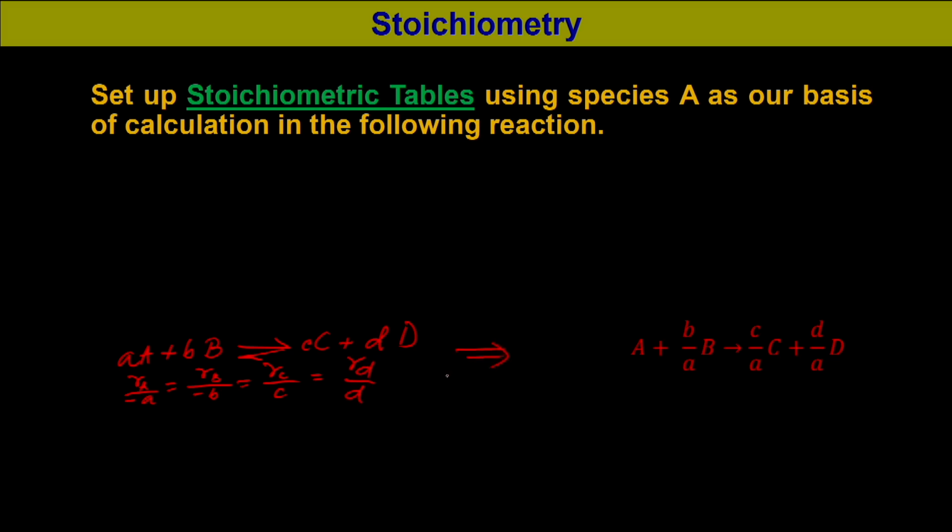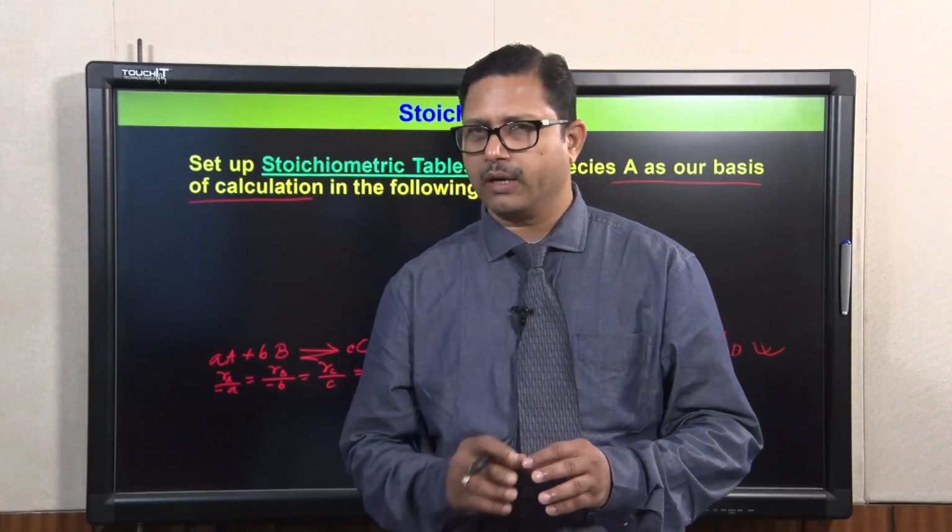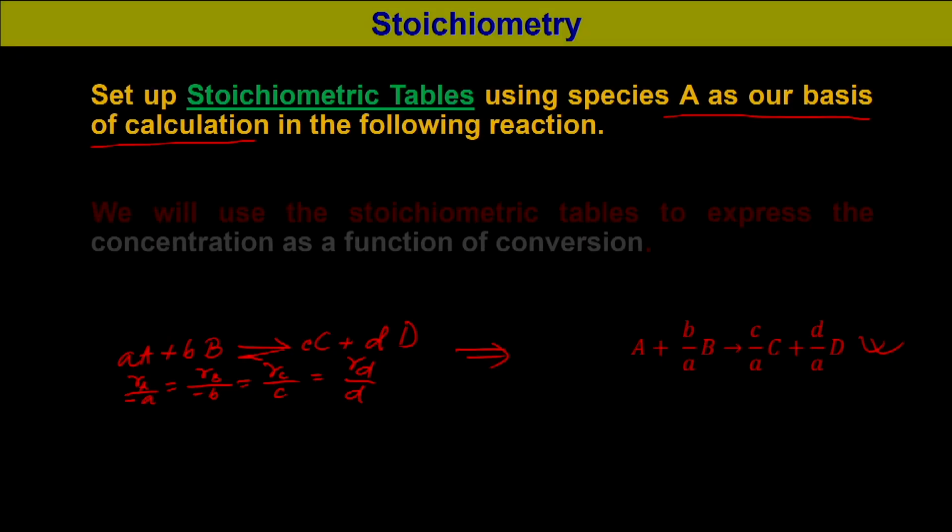So, from here we can write, if A is our basis of calculation, this reaction as A plus b/a B gives c/a C plus d/a D. So, this is written per mole of A. This reaction is written per mole of A.